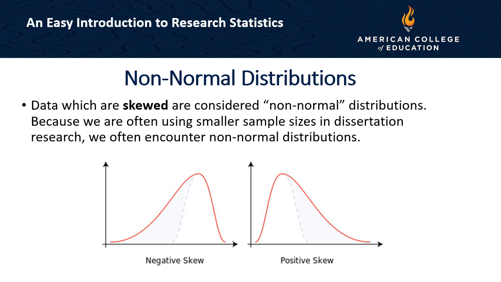So the mean is not close to zero in these cases. The data are shifted one way or another based on how they fall on the histogram. And because we're often using smaller sample sizes in dissertation research, we often encounter data distributions that look more like these than they do like a normally distributed curve. And so we end up using non-parametric procedures to compute our statistics.